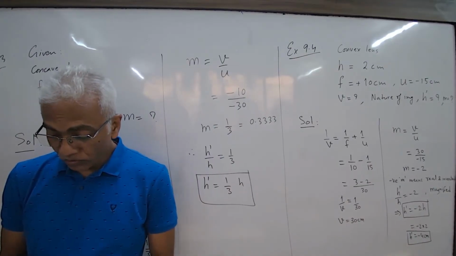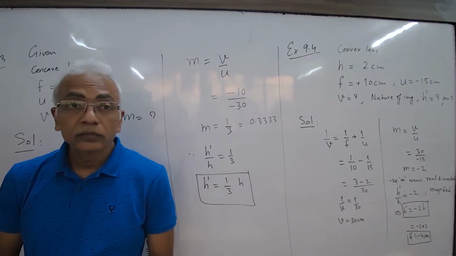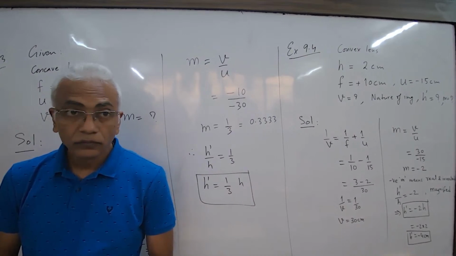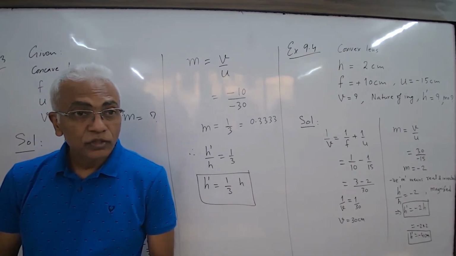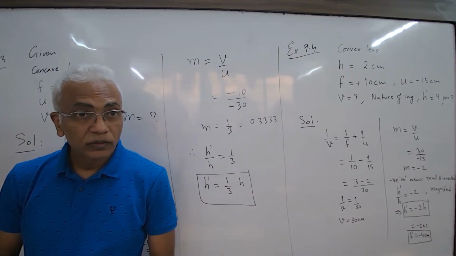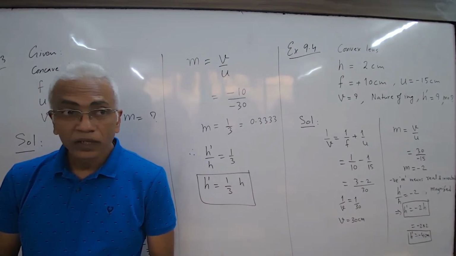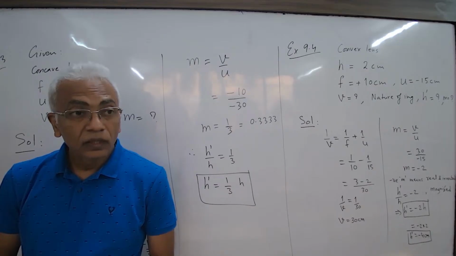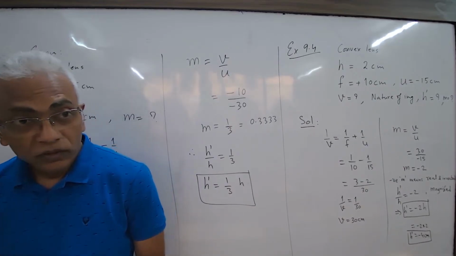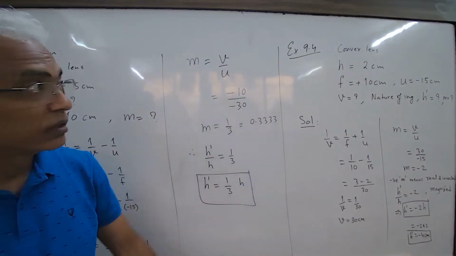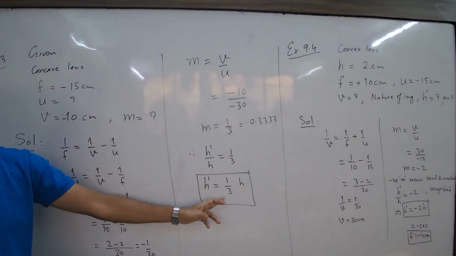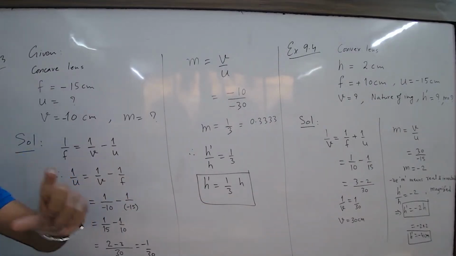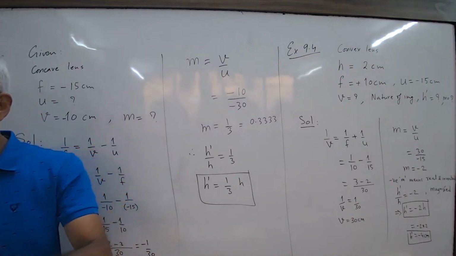What kind of lens is used by watchmakers? They should magnify the image, so a magnifying glass, right? Concave lens, image is diminished. Convex lenses, okay.